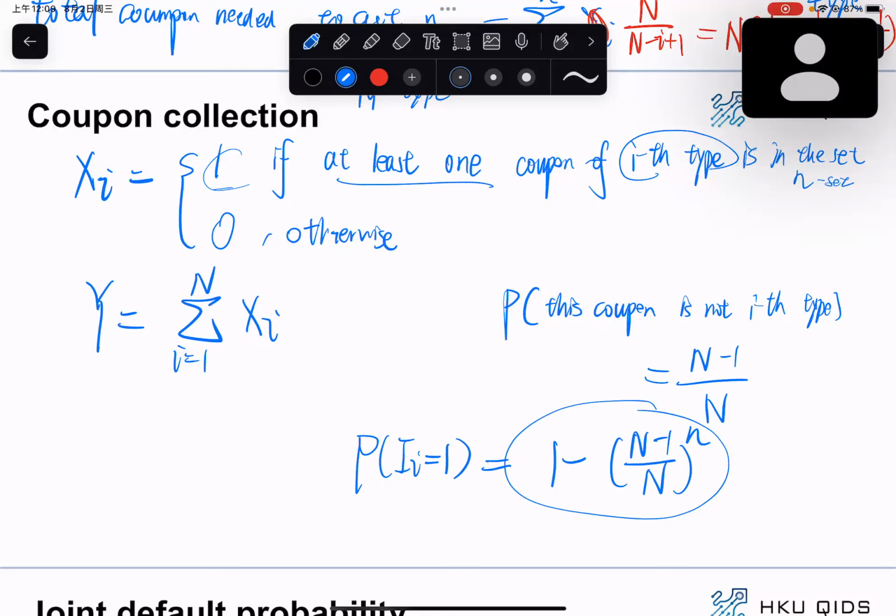And we are going to have the expectation of Y is just n multiplied by the expectation of xi.